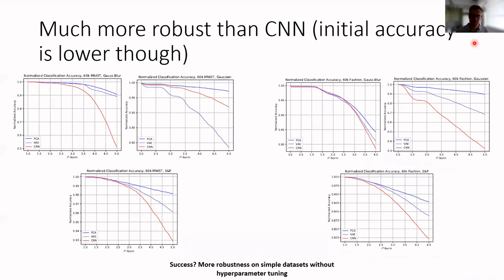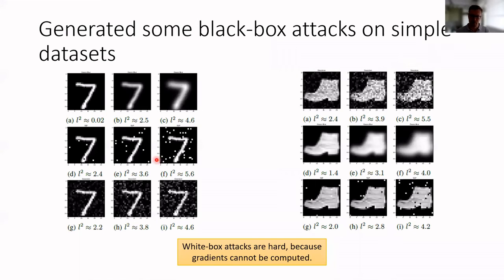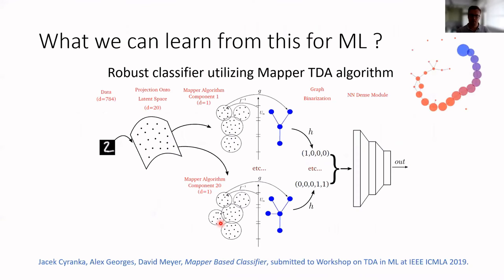And this is more robust. Okay, so first of all, you cannot run a white box attack on that, in the sense of a gradient-based attack, like the fast gradient sign method, right? Because you cannot differentiate, you cannot backpropagate through that.